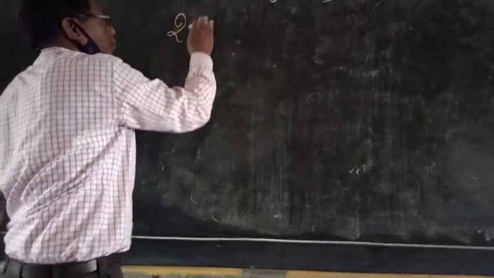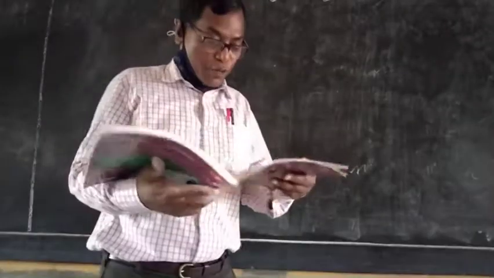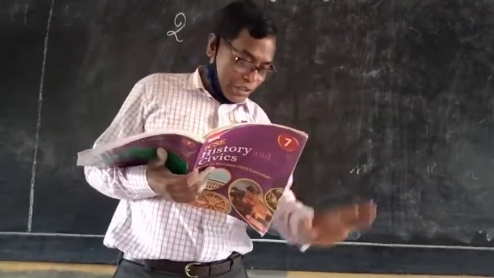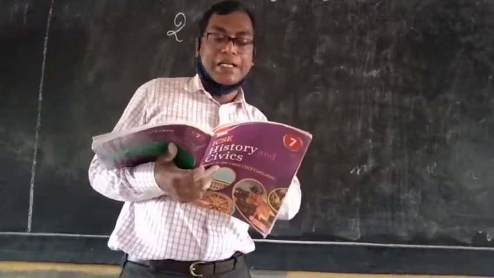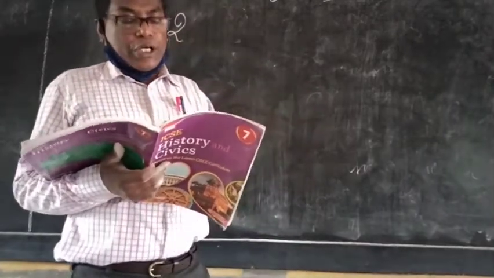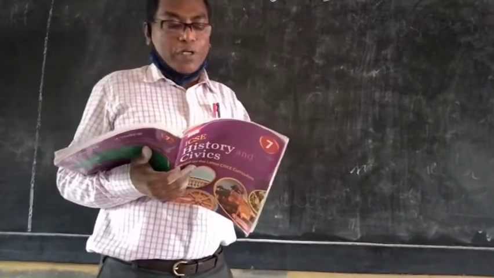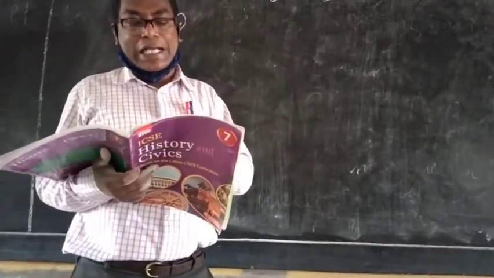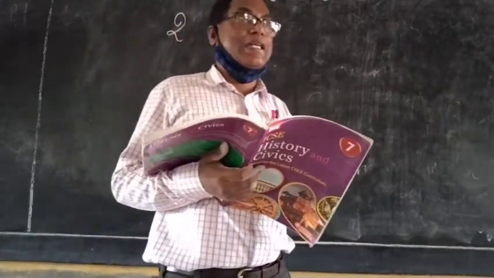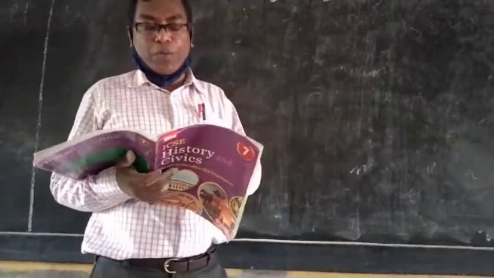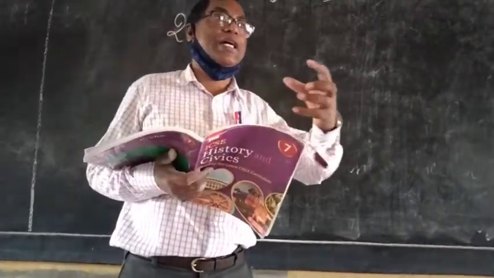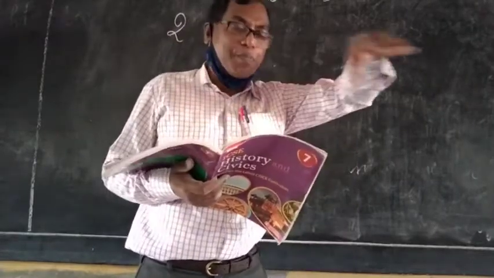Next, I am not going line by line here. Under feudalism there was the land grant. The emperors started granting land to the nobles in return for loyalty and protection, because they were serving and protecting them.